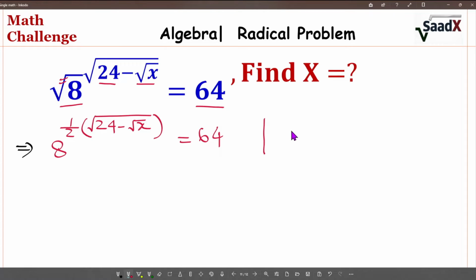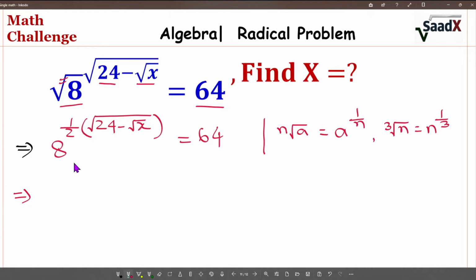How? We know the nth root of a equals a to the power 1 by n, right? That means the cubic root of n, we can write n to the power 1 by 3. Similarly, here is a root sign, we are omitting this one, therefore the power will be 1 by 2.